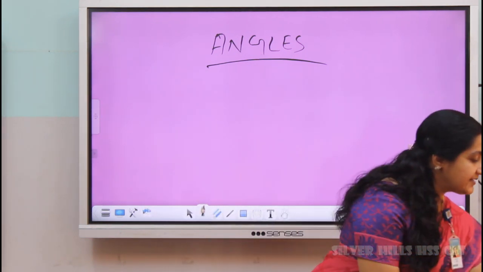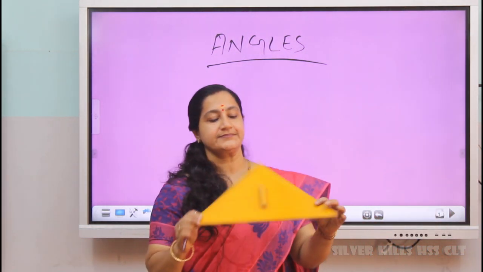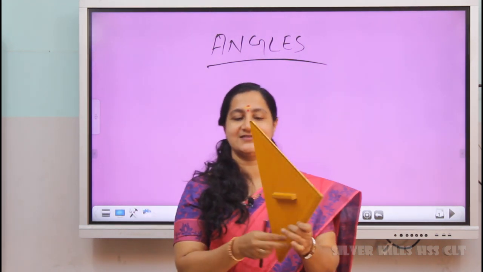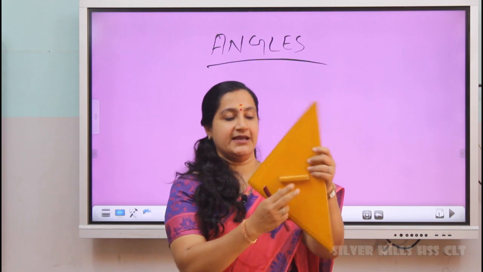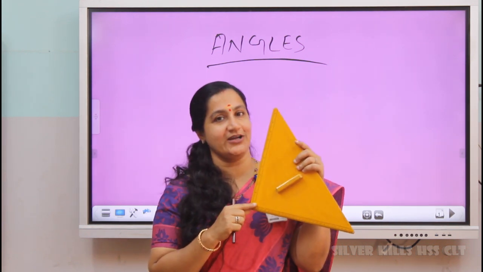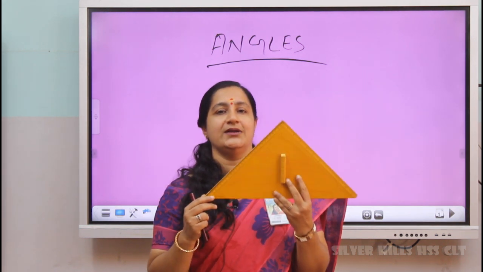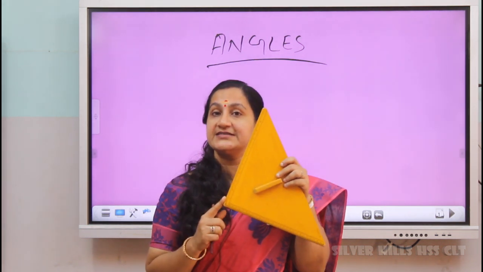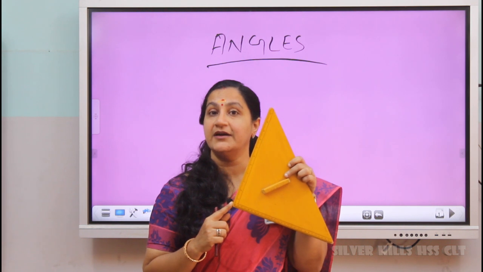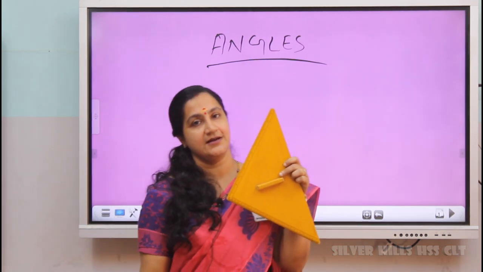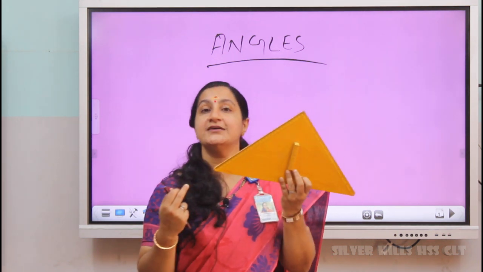Now let me take the second set square. You know that we have 2 set squares in our geometrical box. Again, this is the square corner. These 2 angles are equal. So, as we already discussed, with the square corner we can divide the circle into 4 equal parts. Now, what about these 2 corners?